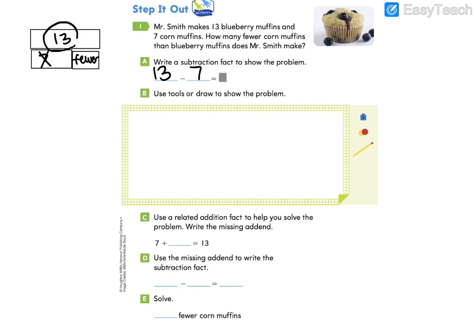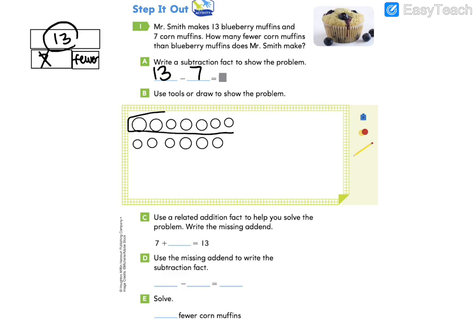We can go ahead and draw that problem now. Go ahead and draw 13 minus 7, or use tools like blocks or counters. I drew 13 to show the 13 blueberry muffins.